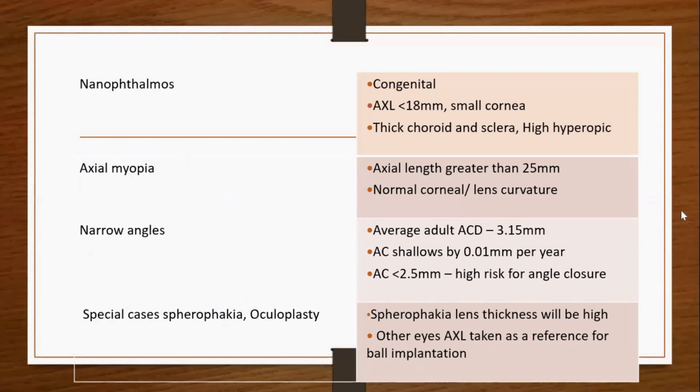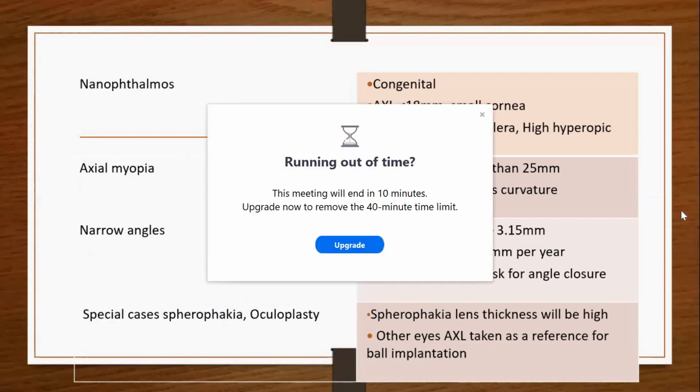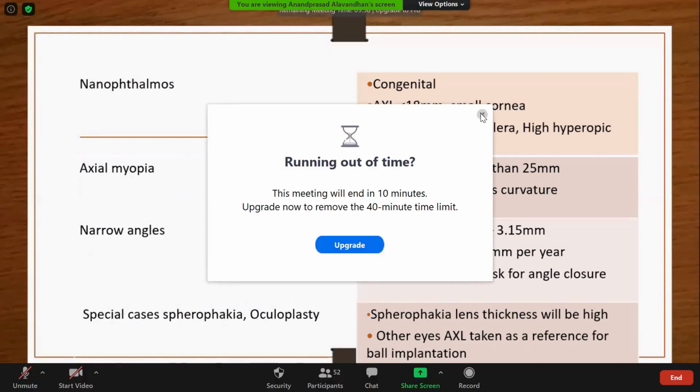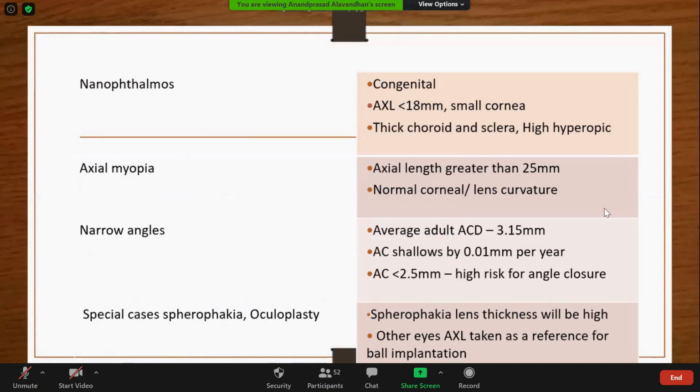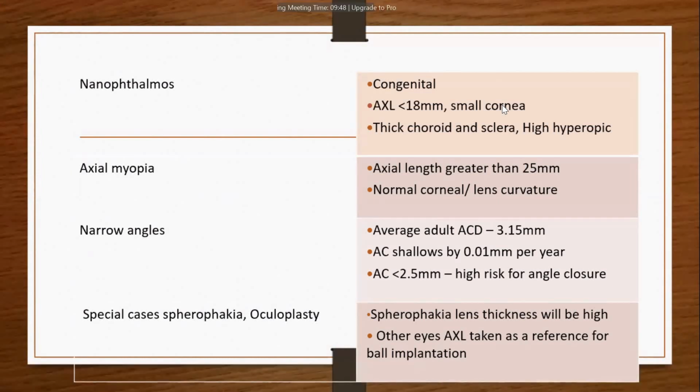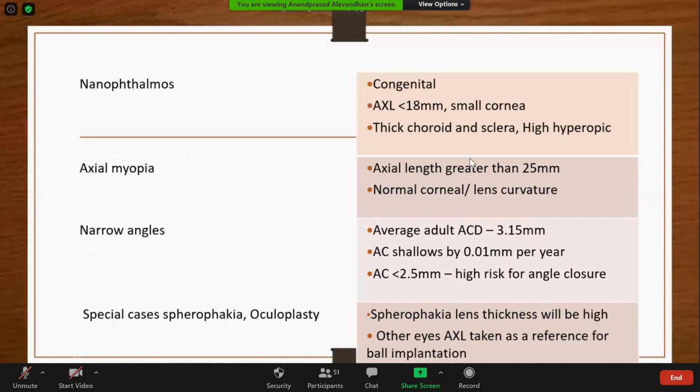But in axial myopia, the axial length will mostly be greater than 25 mm, and you can expect the patient to have a posterior staphyloma also. Before implanting an IOL in an axial myopia patient, retinal evaluation is very important, to look for any RDs, retinal tears or retinal disorders. In axial myopia, the corneal and lens curvature will be normal.